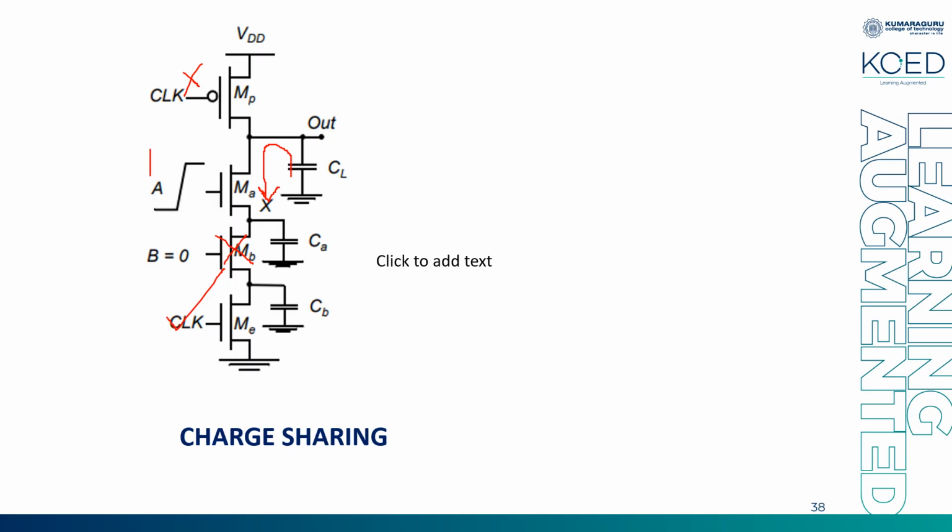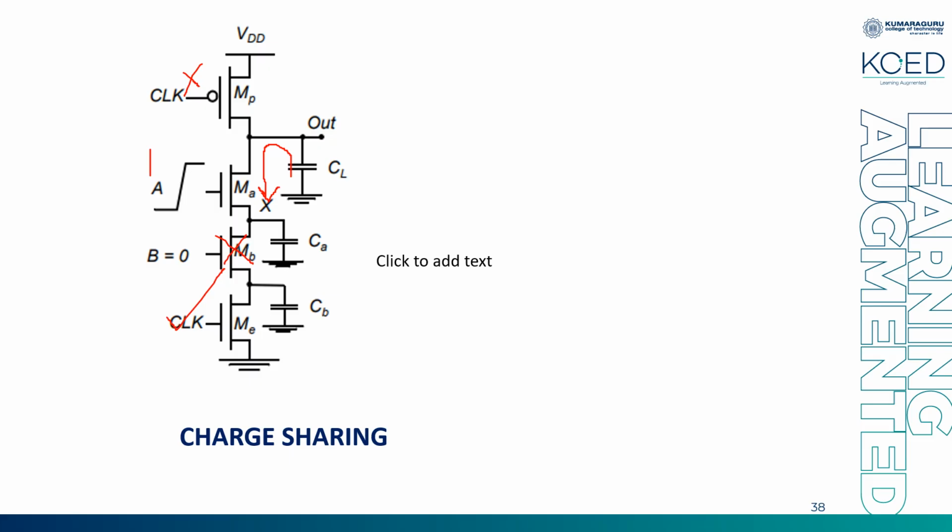The transistor MA has some junction capacitance and diffusion capacitance, that is CA. This capacitance will take whatever voltage it can. So this is called charge sharing. The charge is shared between the capacitances.